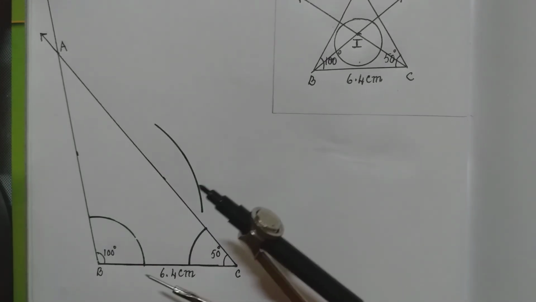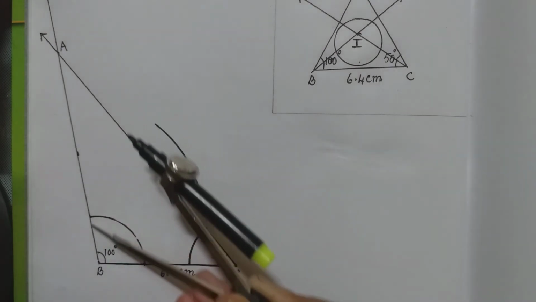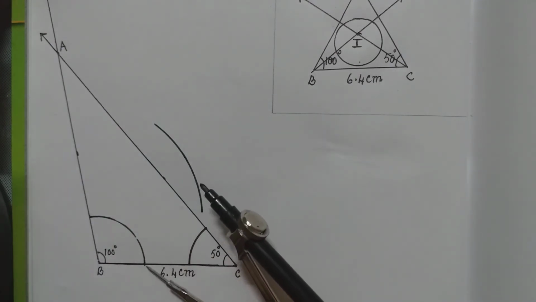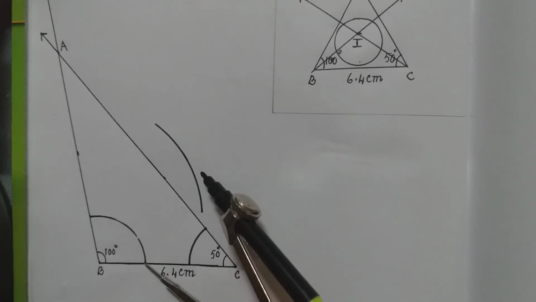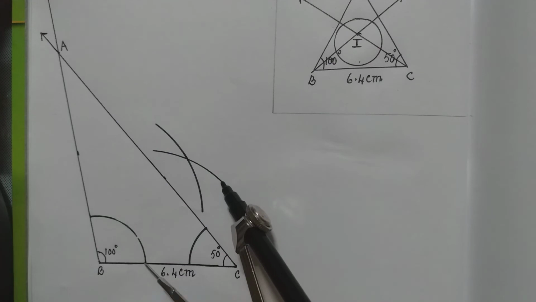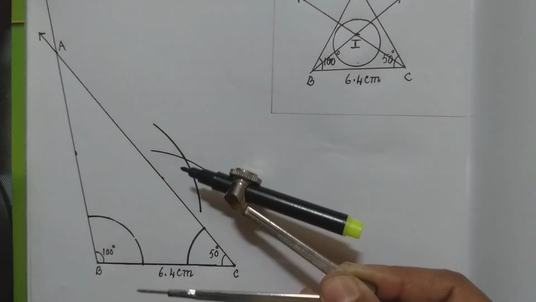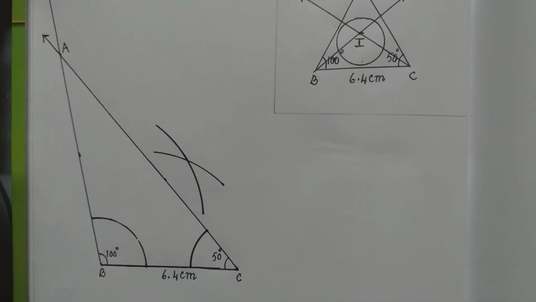Now this was where the arc cuts this part of the angle. Now this arc cuts another part of the angle that is here. So from here I will cut this. You see here there is a point of intersection of the two arcs.